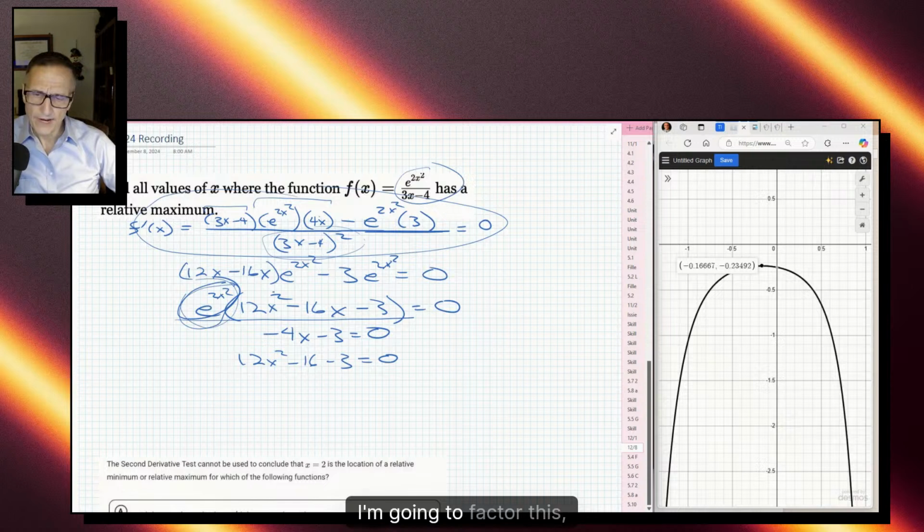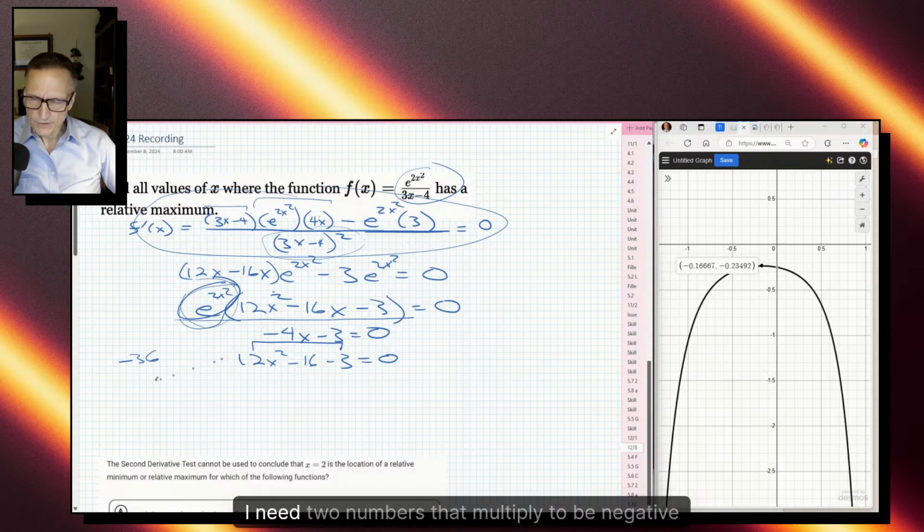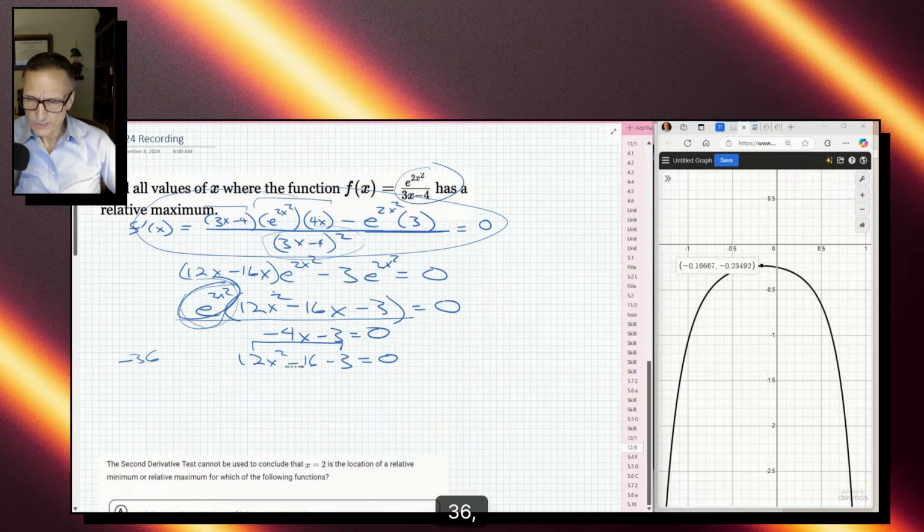Well, I'm going to factor this, I think, by the AC method. So if I multiply the first and last, that's negative 36. I need two numbers that multiply to be negative 36, but add to be negative 16. And I believe, what would that be?